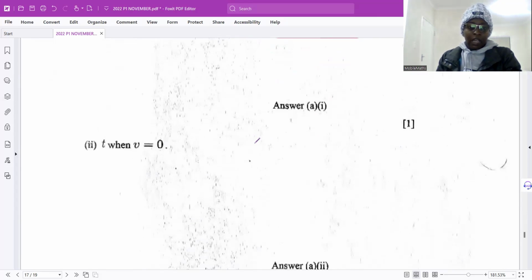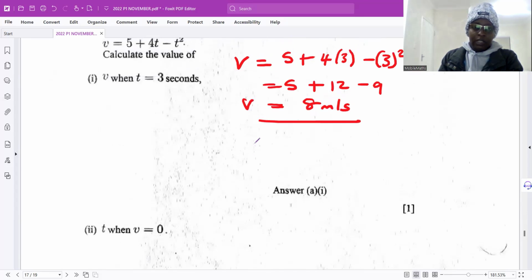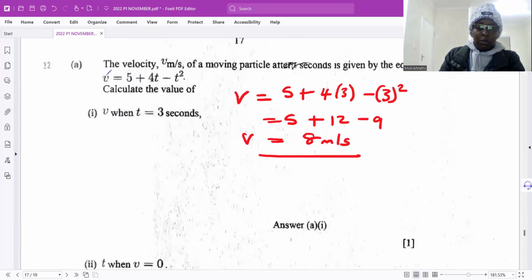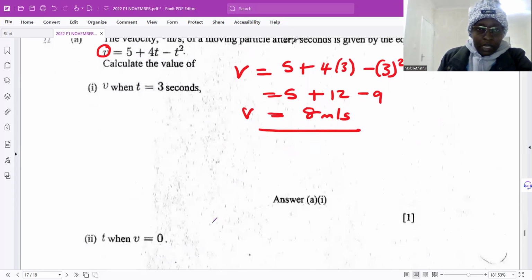Done. Find t when v is equal to 0. So instead of putting v here, we put a 0. We can rewrite this and say we have the equation, I think the easiest way is to say t squared minus 4t.